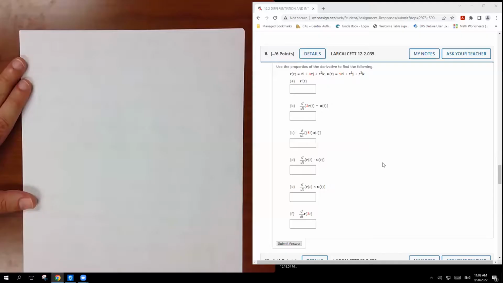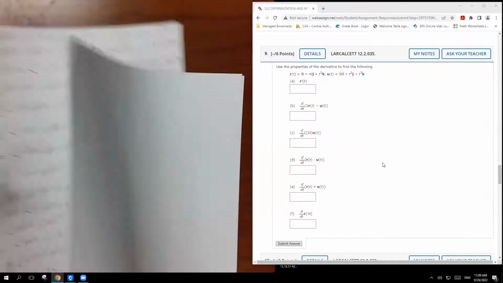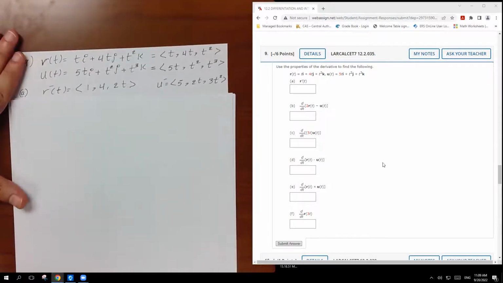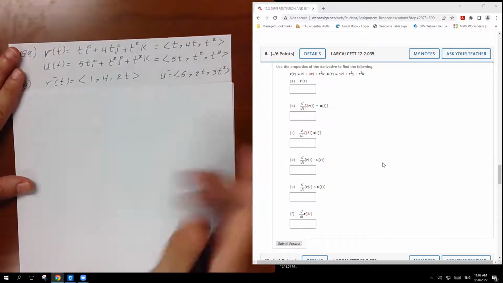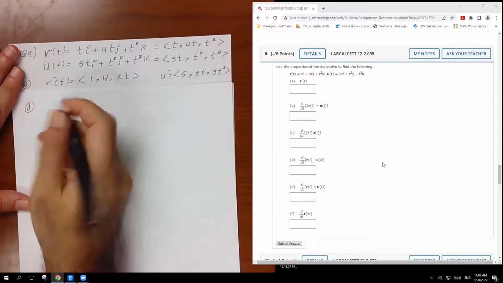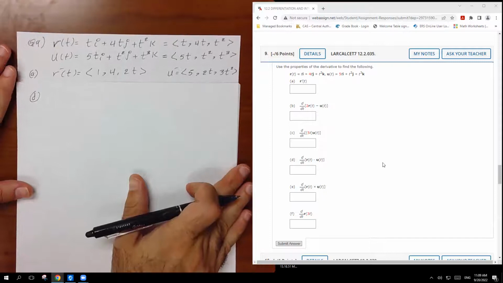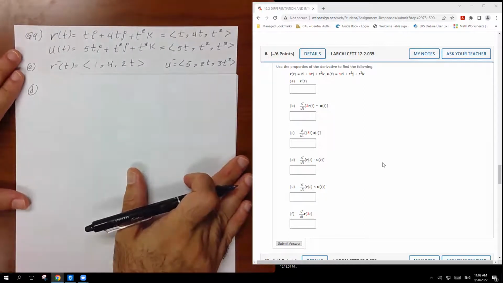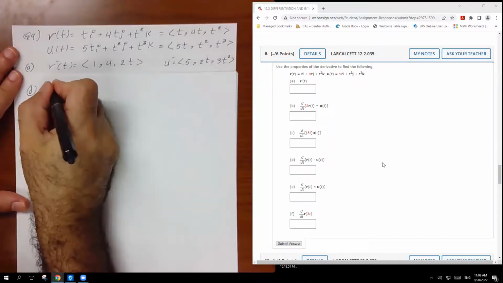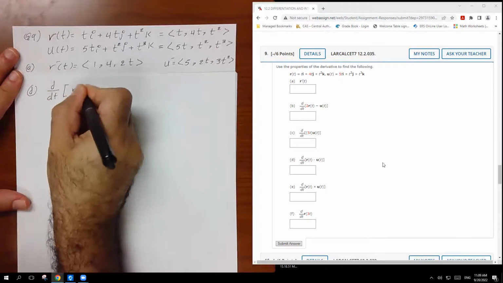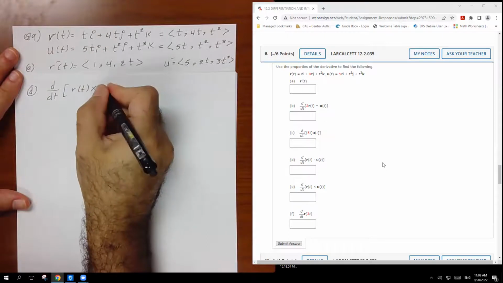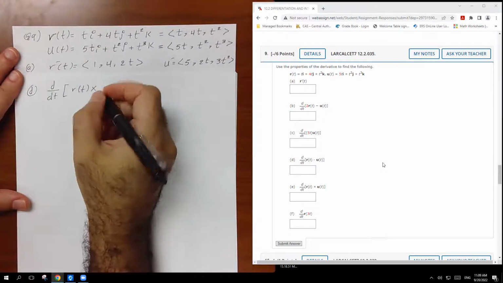I'm going to do this one on the second page because I need this information here. So D is going to be find the cross product between r of t and u of t. So d over dt of r of t cross product with u of t.